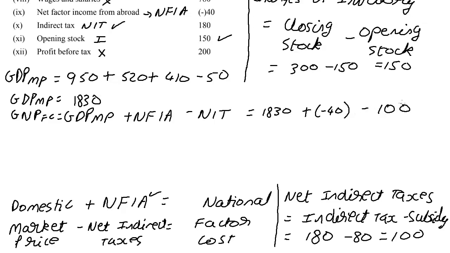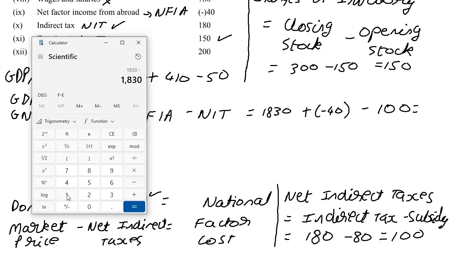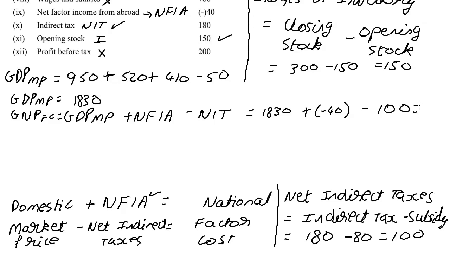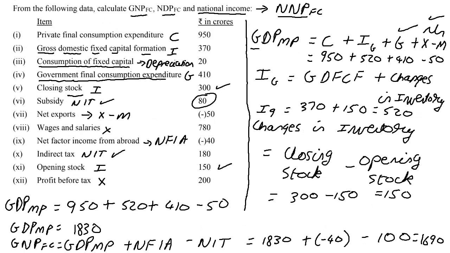So it's going to be 1830 minus 140. Using the calculator, that gives me 1690. Therefore, GNPFC is equal to 1690 crores.